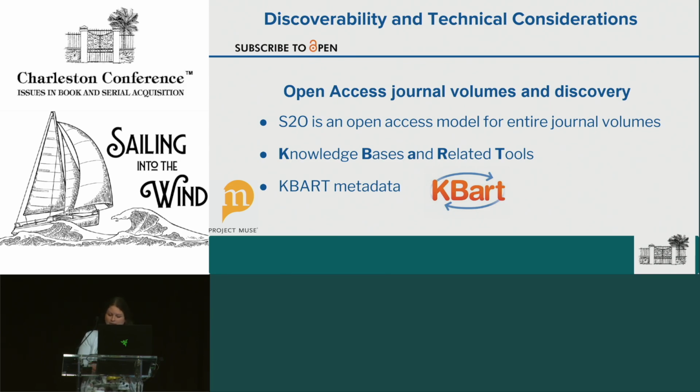According to NISO, the goal is to improve the data supplied to knowledge bases and link resolvers, and the best practice is a recommendation for the communication of electronic resource title lists, cover data from content providers to knowledge base suppliers, and that each file will offer metadata on a sellable package from every publisher and list the titles included, and in the case of the serials, the dates of the coverage.